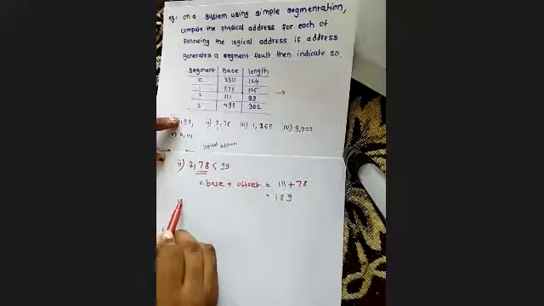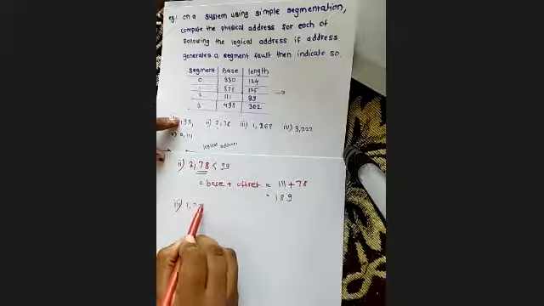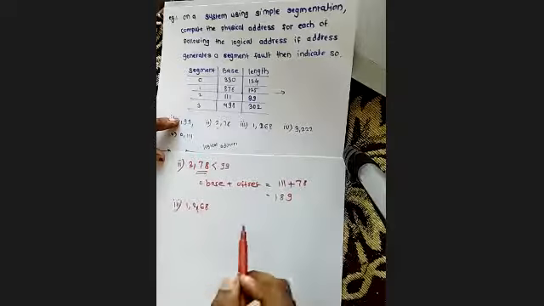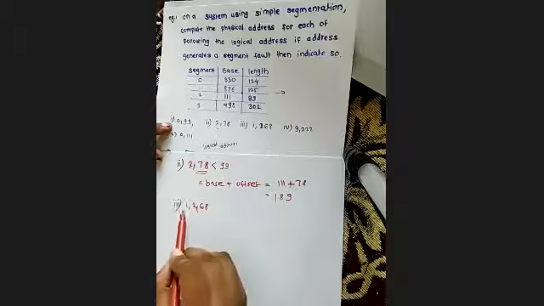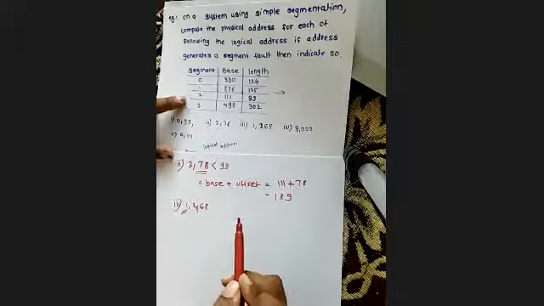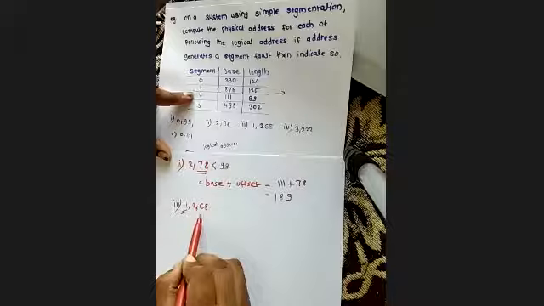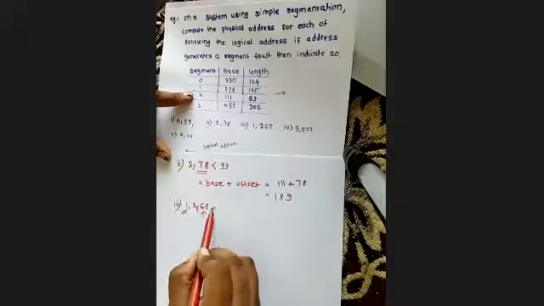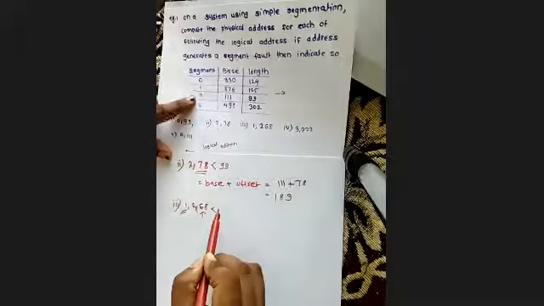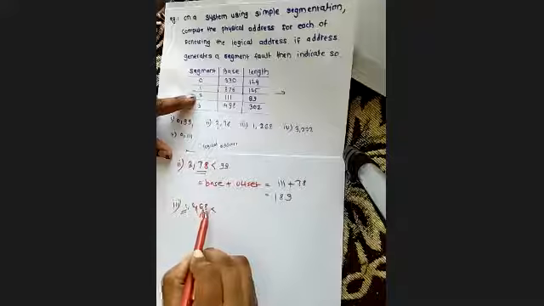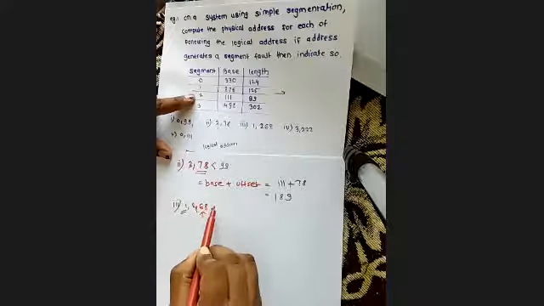Now, the third one, 1268. Now we have to search whether segment one is available. Yes, it is available. Now we are going to check whether the offset is less than the limit or not. The limit for this first segment is 125.